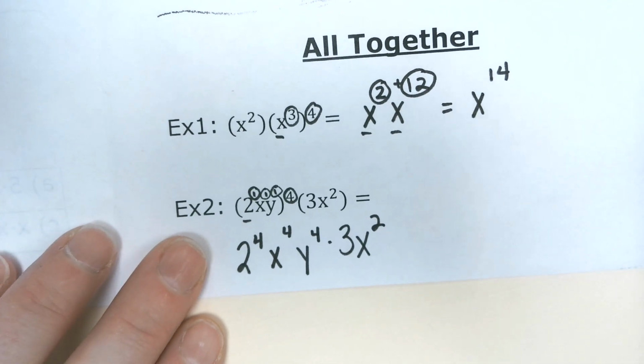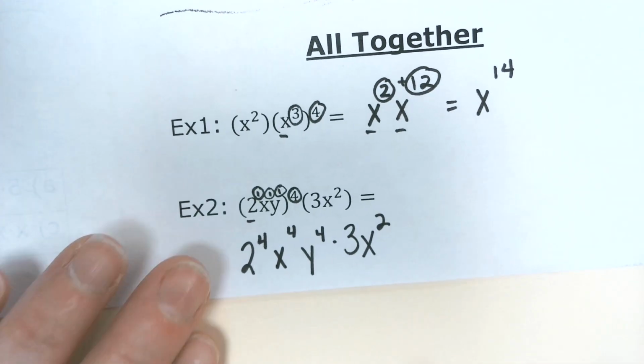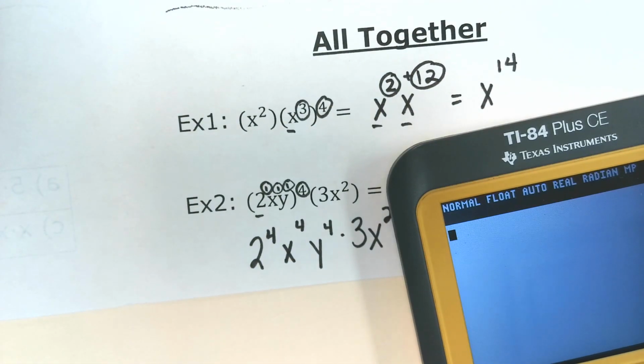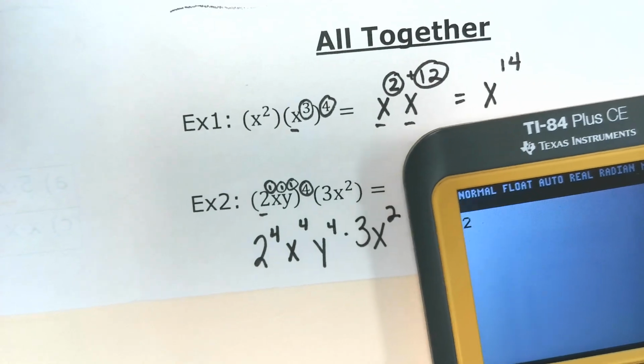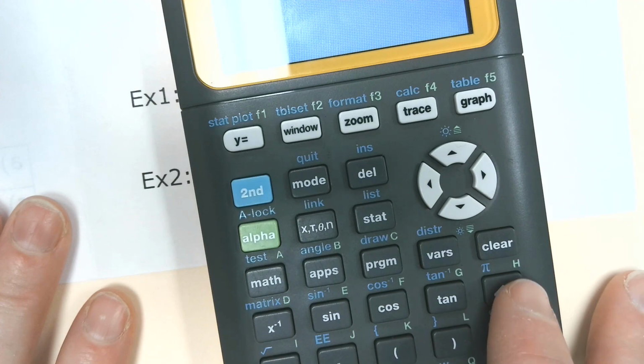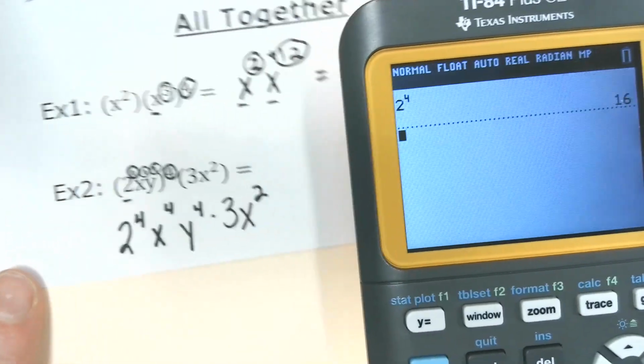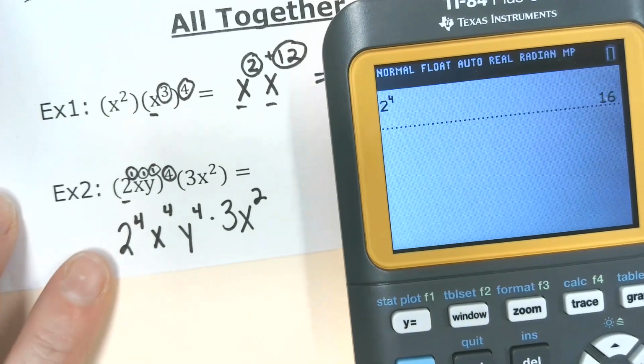Now we're going to go ahead and reorganize all your numbers first, then x's, then y's. So we need to actually find out what 2 to the fourth is. So put it in. 2, and then to get up to the exponent, use this caret top. 2 to the fourth is 16.